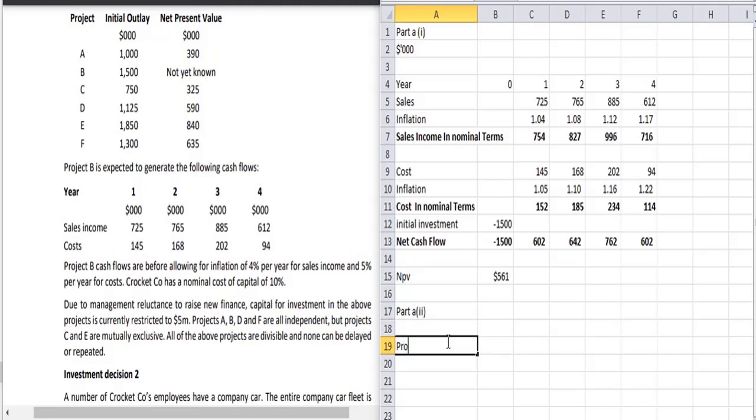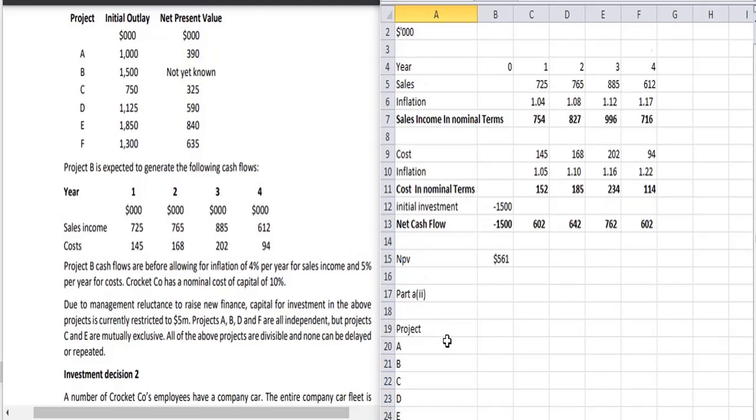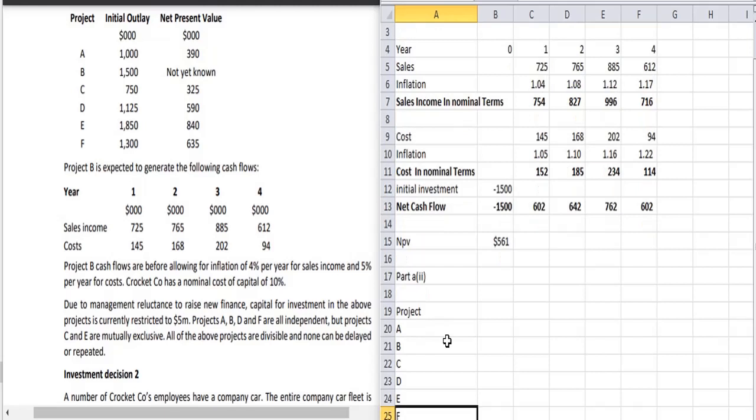So we have projects A, B, C, D, E and F. After that, initial investment is 1000, 1500, 750, 1125, 1850 and 1300.